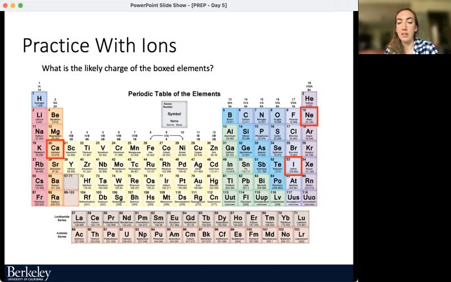Okay. So using that as practice, what do you think is the most likely charge of an ion formed from the elements that I've boxed here? So calcium, iodine, and neon. I'll give you a minute to think about it, and then I'll send out a poll.